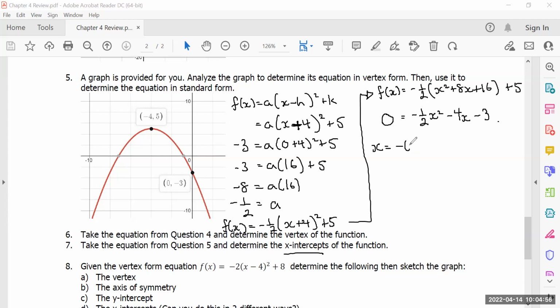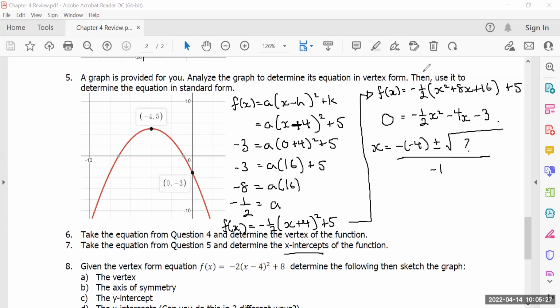This is -b plus minus the square root of the discriminant all over 2 times a. 2 times a half is a -1. So I'm going to do the discriminant on my own. I'd like you to try as well. b squared minus 4 times a times c.